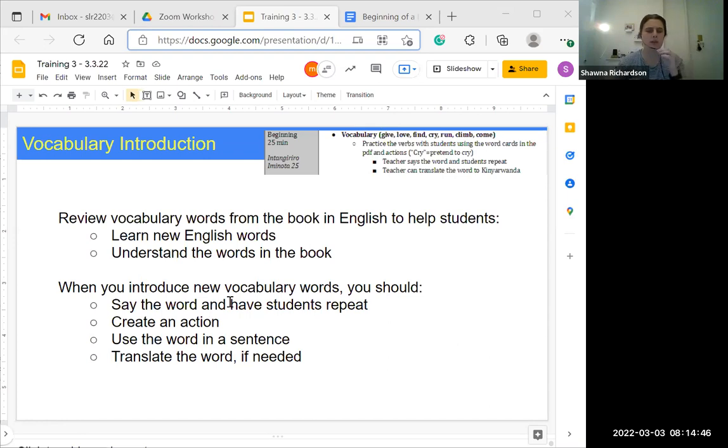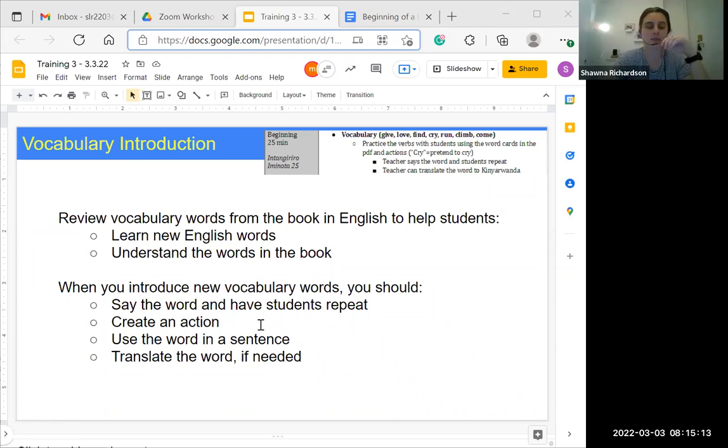And then it's important when you introduce new vocabulary words, you should say the word and have the students repeat. So if the word is love, I'm the teacher, I would say love. And then Maida and Sally, could you demonstrate saying it back? Love. And I might give a hug or even hug myself when I'm saying the word. Or make the symbol, which I'm not doing so well.